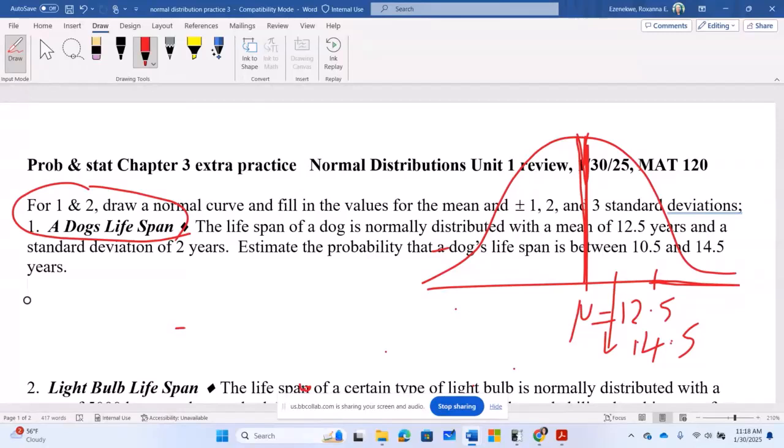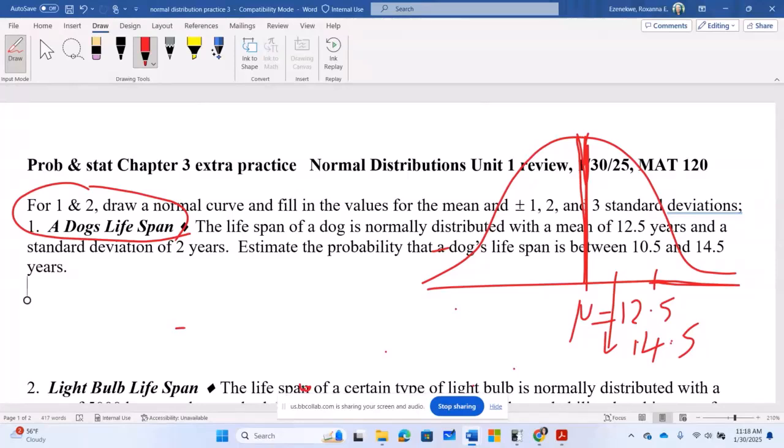So I want us to know how to use the empirical rule in real life. It's very, very important. It's one of the properties of normal distribution, and you can't overlook this. So if a dog is 16.5 years, the dog is 2 standard deviations above the mean. If a dog is 18.5 years, then that dog is 3 standard deviations above the mean.